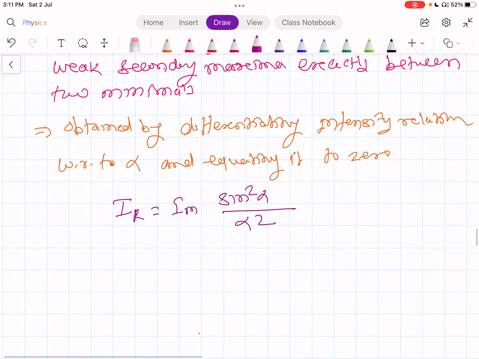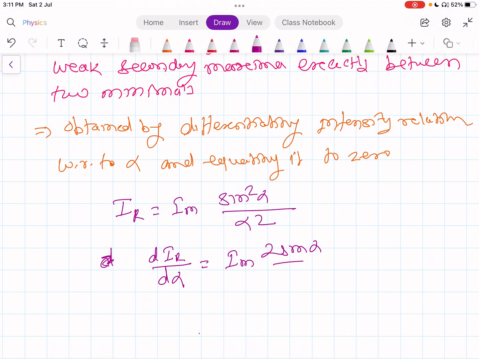Now let us differentiate this with respect to alpha. So d of IR by d alpha is equals to Im 2 sine alpha upon alpha into bracket alpha cos alpha minus sine alpha upon alpha square.